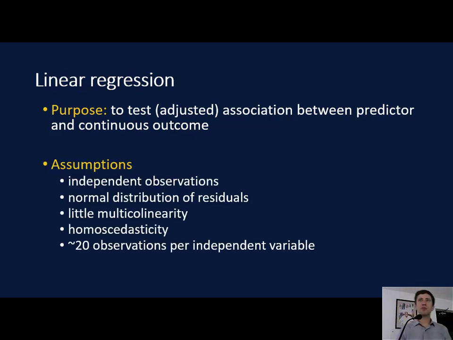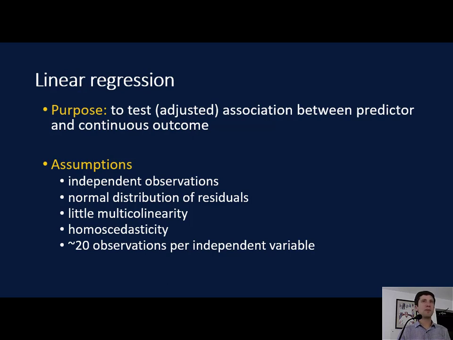So it assumes, again, that we have independent observations. We have one eye from each individual, right? It assumes that our residuals are normally distributed. We'll talk about what a residual is in just a minute. It assumes there's little multicollinearity. So we can have not just one predictor in this model, right?